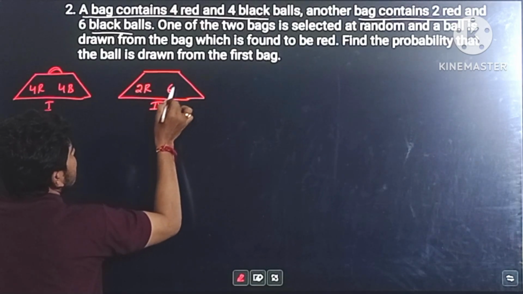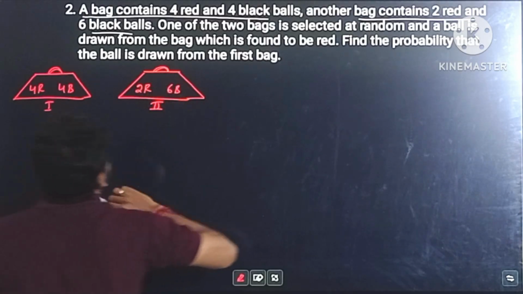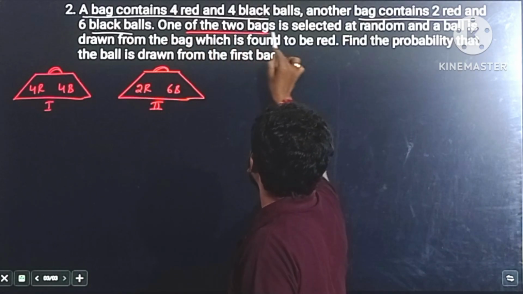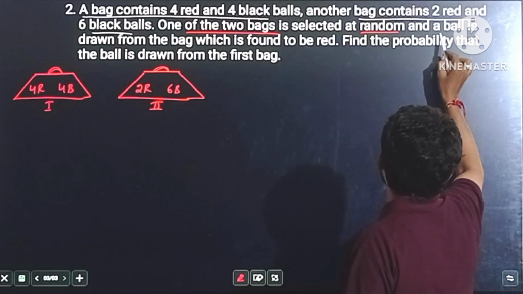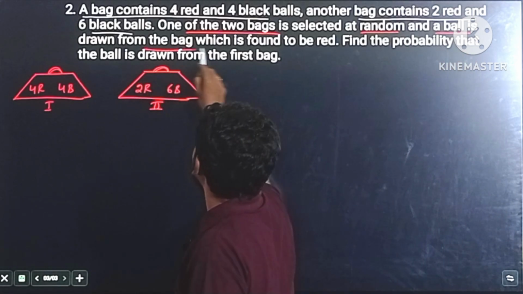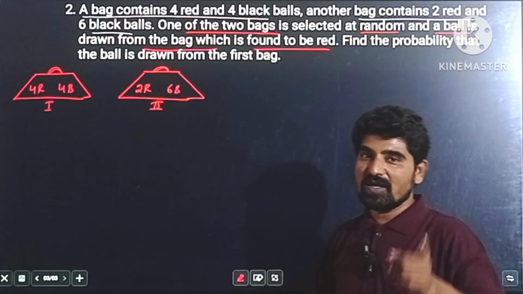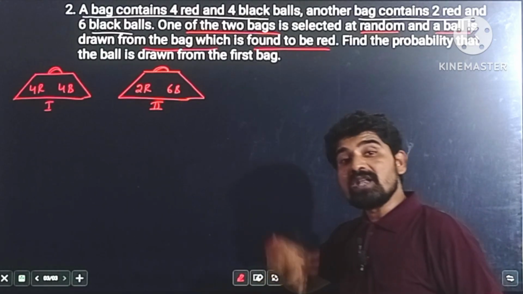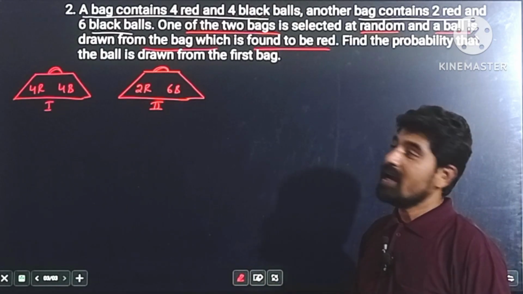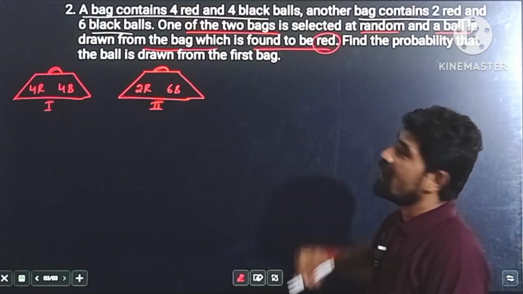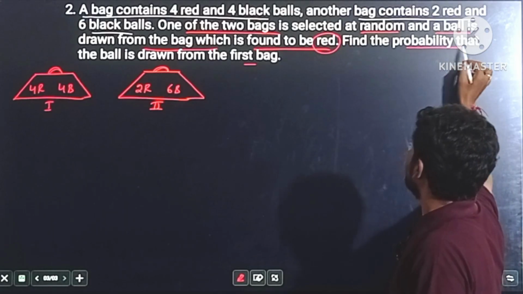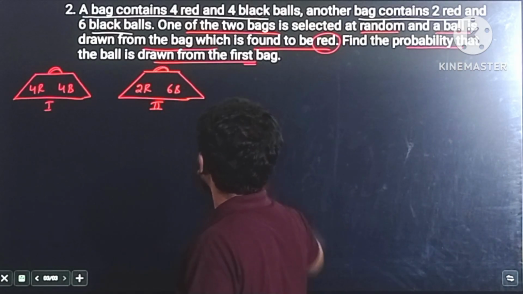He has to select one of the bags at random, and a ball is drawn from the bag, which is found to be red. We need to calculate the probability that the ball is drawn from the first bag.